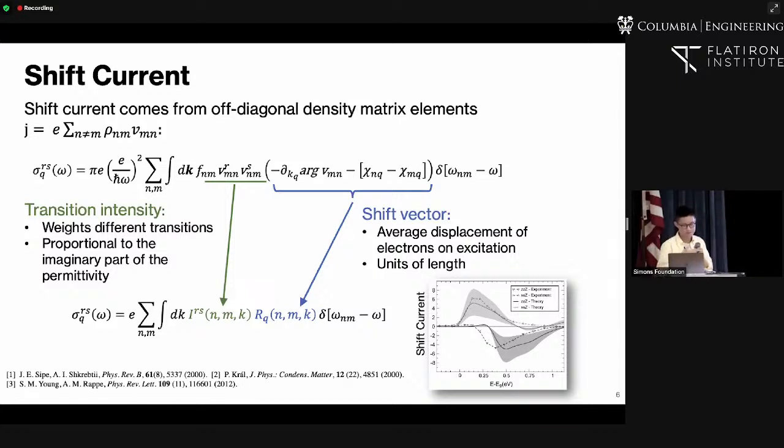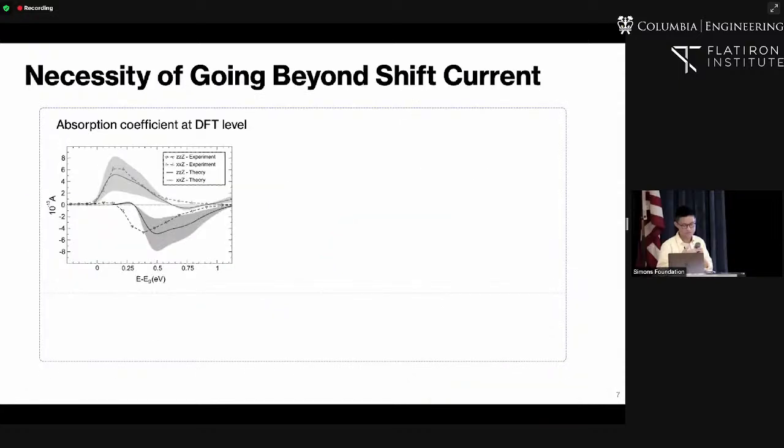But that's not really the end of the story, because we had a new postdoc in our group who did further study, and he realized that when we were calculating this shift current, we have to know how deep the light can penetrate into the sample. That basically means that we have to know the absorption coefficient of this material in order to get the current that can be compared to experiments. However, we computed the absorption coefficient at the DFT level, and that's not so good, because we know there will be exciton effects, and these can greatly renormalize the absorption coefficient.